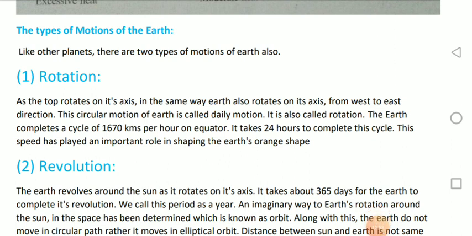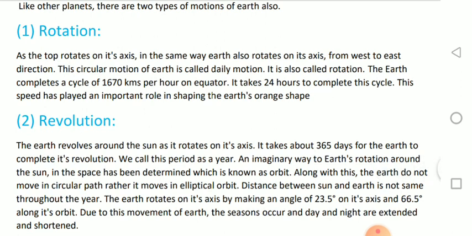Now let's see the types of motions of the earth. Like other planets, there are two types of motions of earth. Rotation: as a top rotates on its axis, in the same way the earth also rotates on its axis. यानी कि पृथ्वी खुद अपनी धरी पर घूम रही है, from east to west direction.